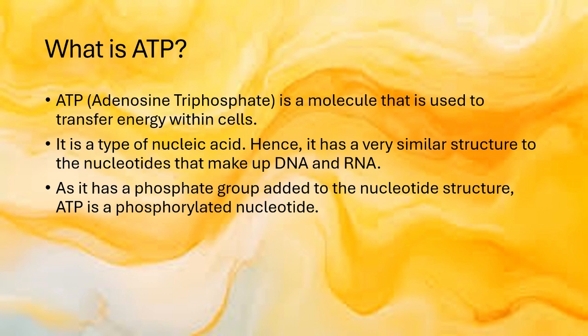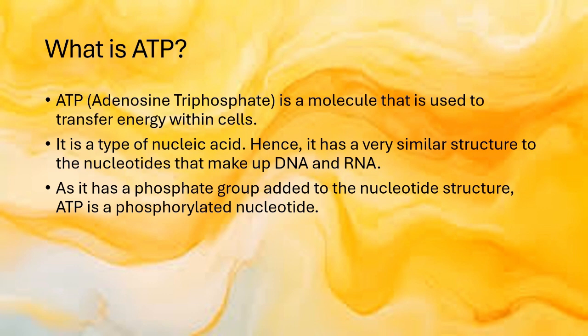So what is ATP? ATP, which stands for adenosine triphosphate, is a molecule that is used to transfer energy within cells. It is a type of nucleic acid, hence it has a very similar structure to the nucleotides that make up DNA and RNA. Once again, DNA and RNA are topics you will come across in topic 2 and 3.